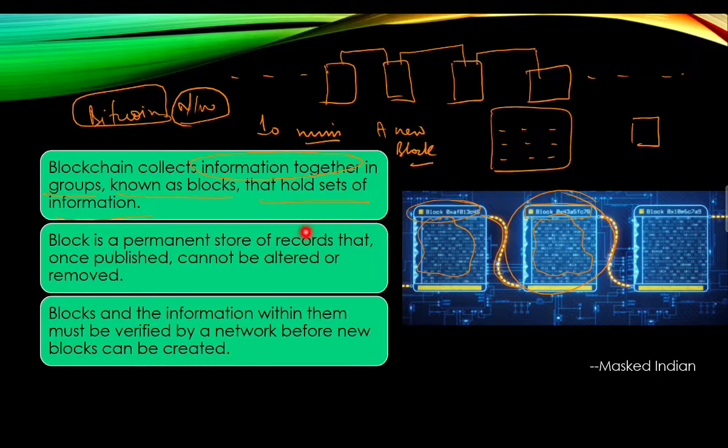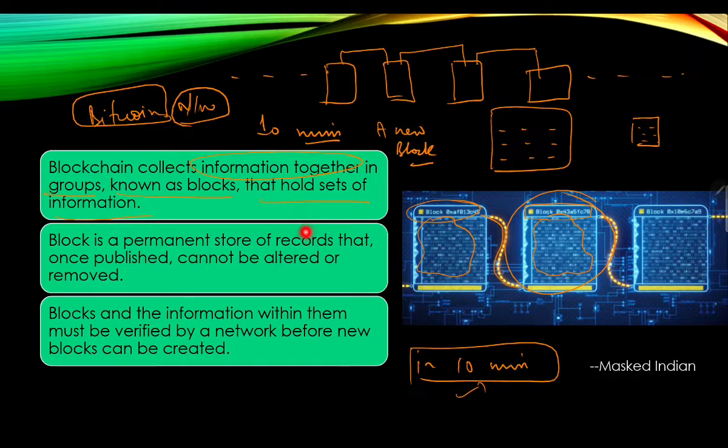Obviously there are several users in the Bitcoin network, and in those 10 minutes there will be several transactions worldwide. All the transactions occurring in the 10 minutes will be added in the one block.